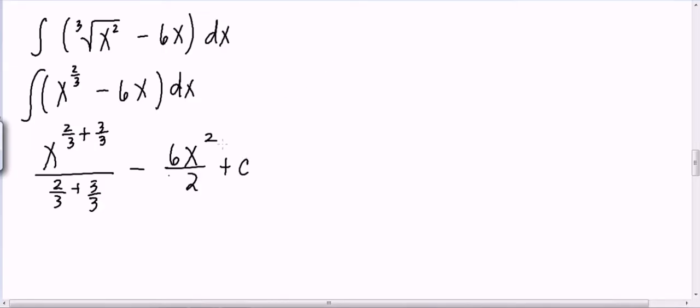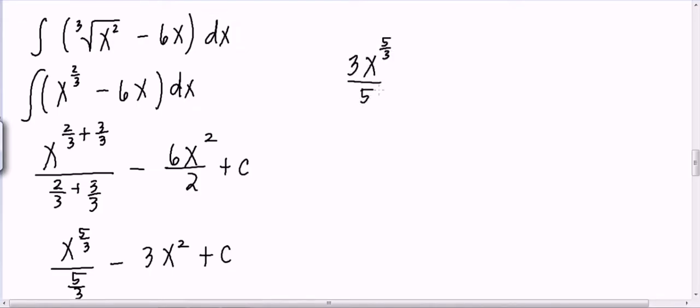Okay, so this one would be x raised to 5 over 3 over 5 over 3 minus, so 6 divided by 2, ito is 3. So 3x squared plus c. Okay, so reciprocal nun would be 3/5. So magiging 3x raised to 5/3 over 5. Okay, so reciprocal nito. So, mamumultiply ito dito sa numerator. Okay? Minus 3x squared plus c. Okay? So, balik natin sa radical.